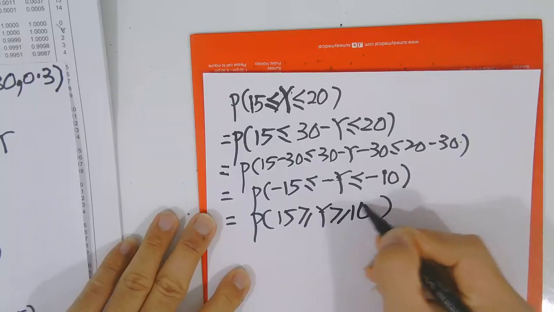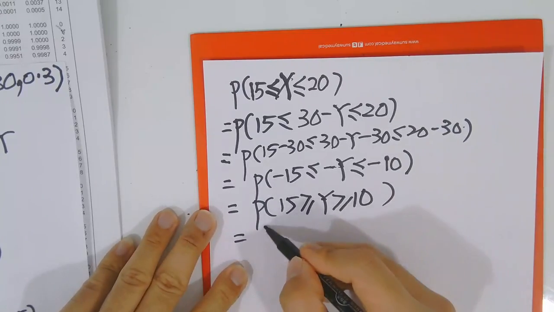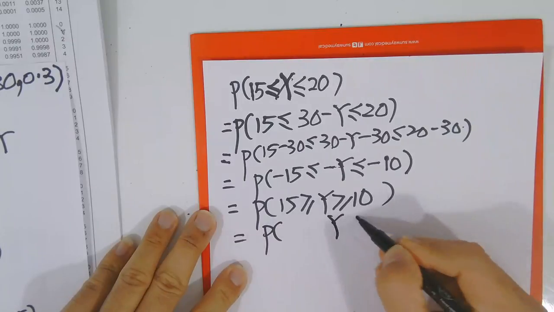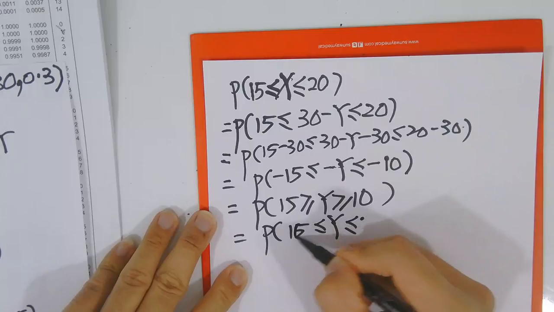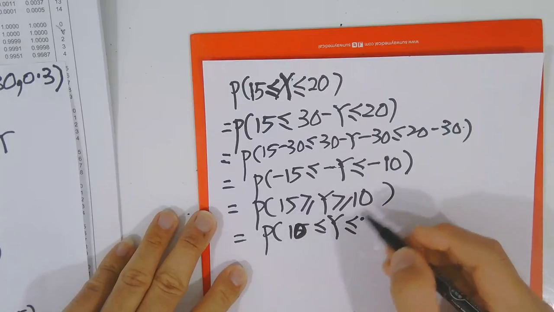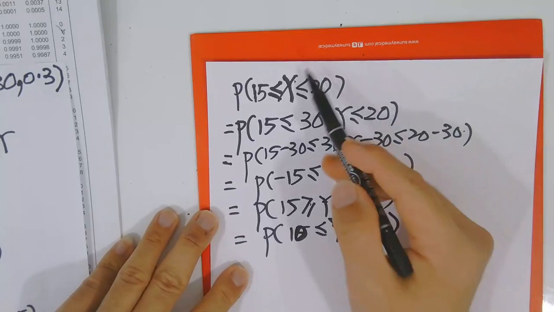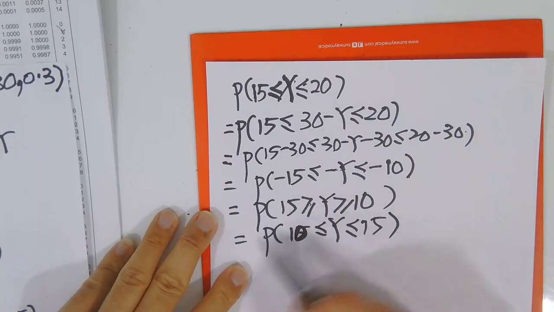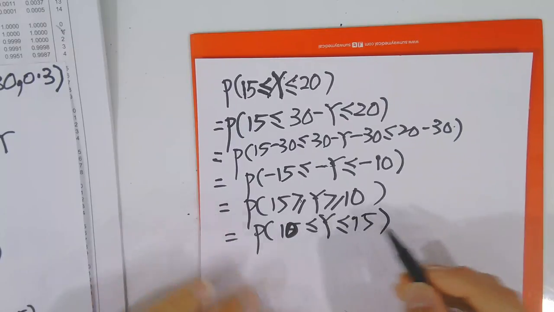So I can rewrite this as the probability of y greater than or equal to 10 and less than or equal to 15. I can transform this into this form before using the statistical table. Let's list out all the values here.